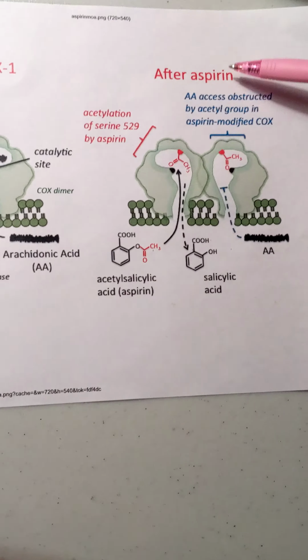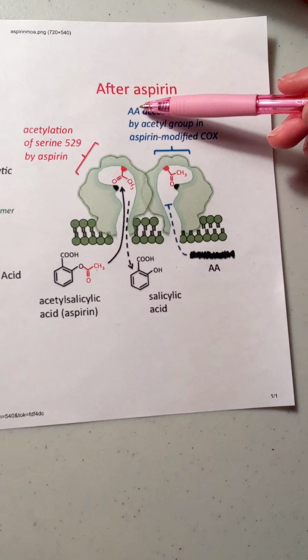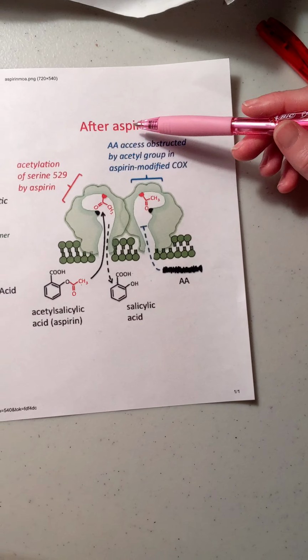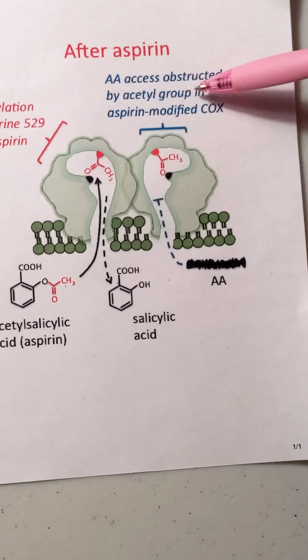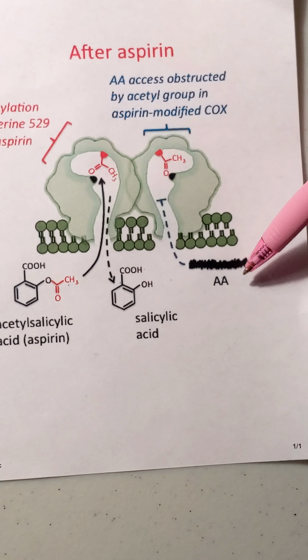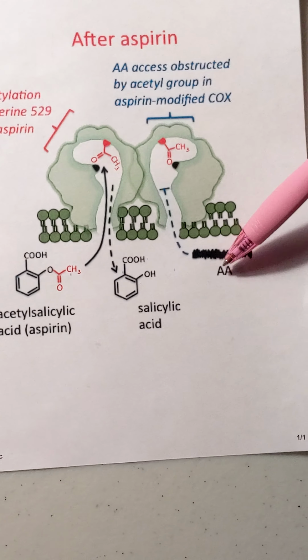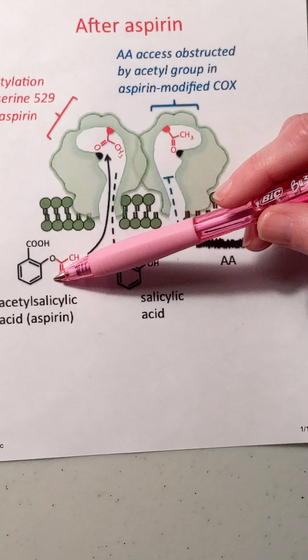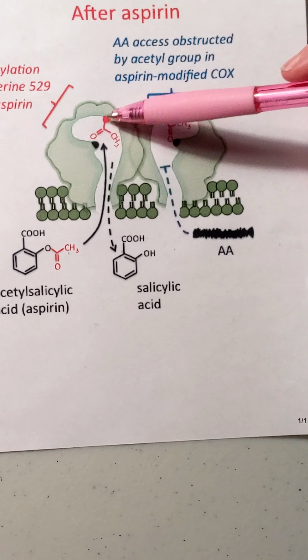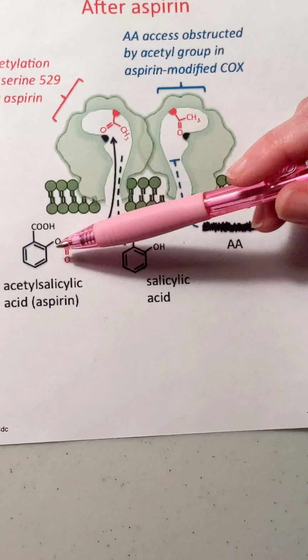After aspirin comes along, the amino acid serine residue site is actually obstructed by an acetyl group in the aspirin modified. So here's our arachidonic acid coming in, but aspirin's already kind of beat it to the site and put the acetyl groups.